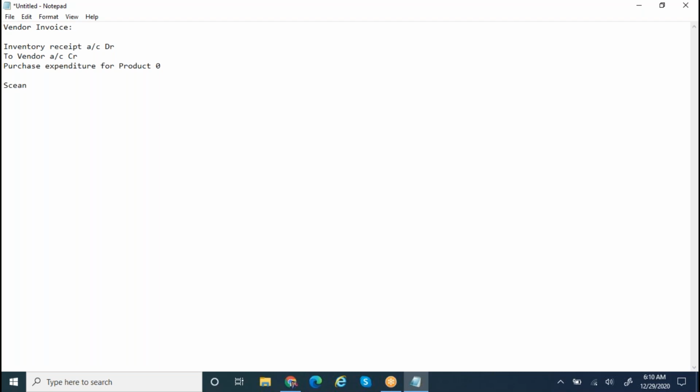Scenario one: suppose there is a purchase return. In the vendor invoice, I have received the material and been invoiced, for example a washing machine at the rate of 20,000.